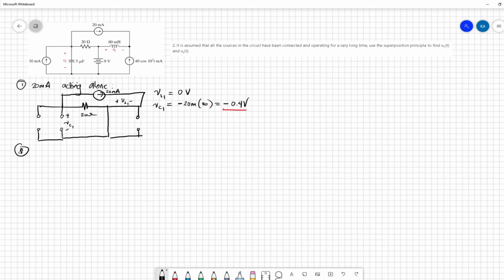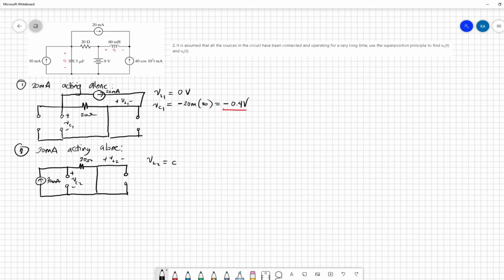Next case is when the 30 milliampere source is acting alone. We have ohms and then 30 milliampere. So VL2 is equivalent to 0 volts, and VC2 is equivalent to 30 milli, this current right here, times 20 ohms. We have 0.6 volt.